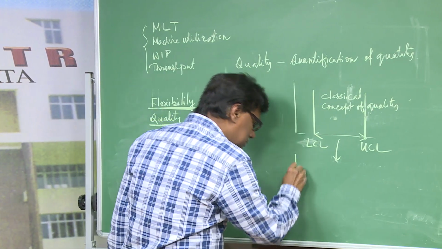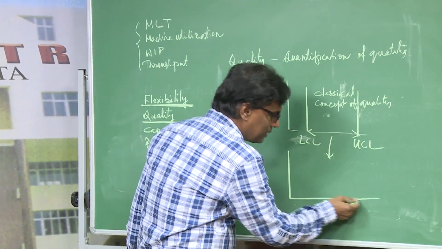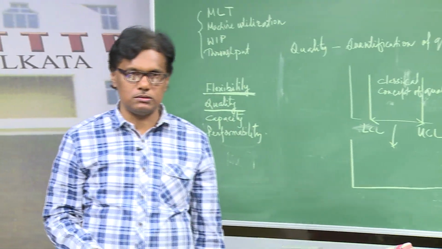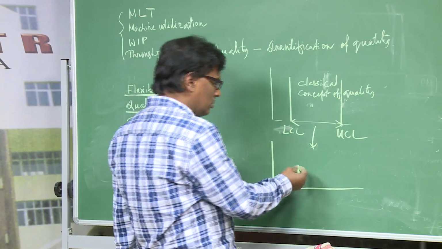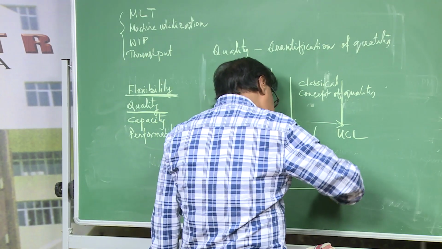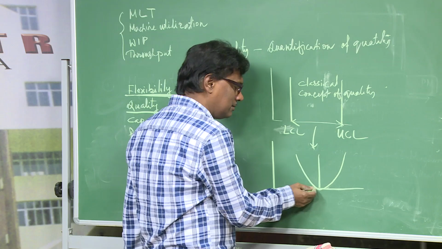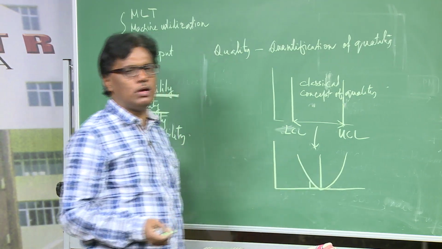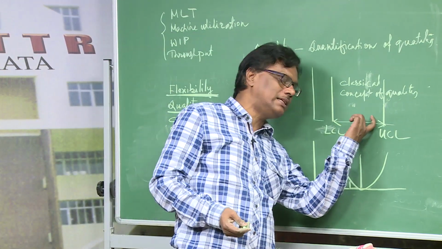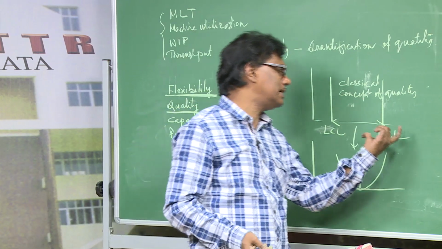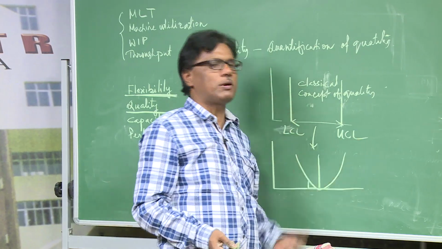Later on, Taguchi gave a newer concept of quality. He told that any deviation from the desired size is definitely a loss of quality, whether it lies within the lower control limit or within the upper control limit.